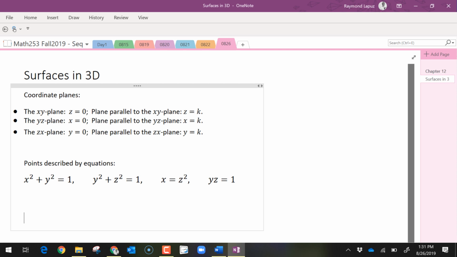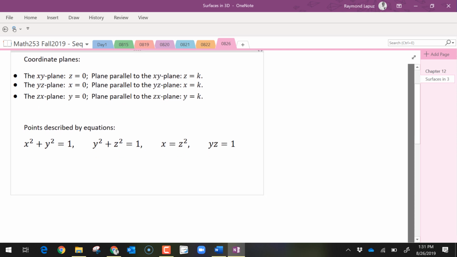What do you think this surface is going to look like in 3 dimensions? It'll be a circle that's been swept up and down, which will give us a cylinder, right? So we can imagine this thing in 2 dimensions. Whoa.